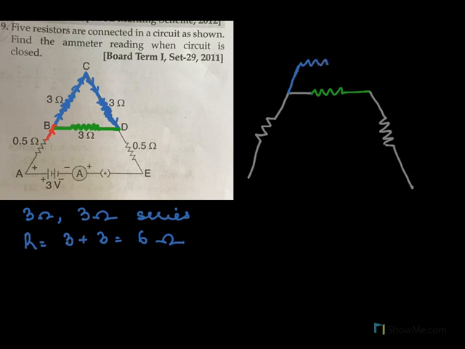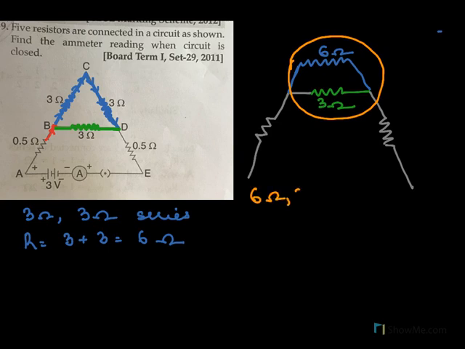So now I've calculated the resistance of this, and it was 6 ohms. And this I know is 3 ohms. Now let's go ahead and calculate the resistance of 6 ohms and 3 ohms. And you know 6 ohms and 3 ohms are connected in parallel.